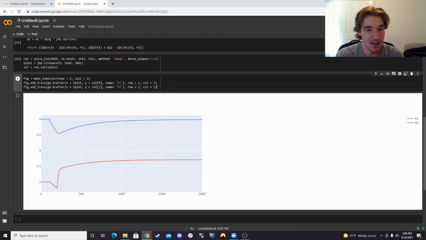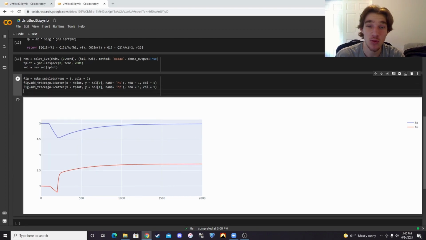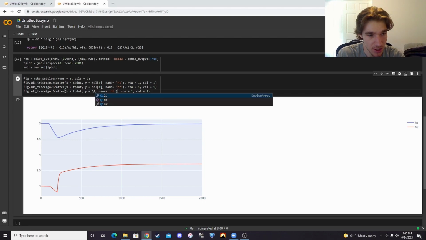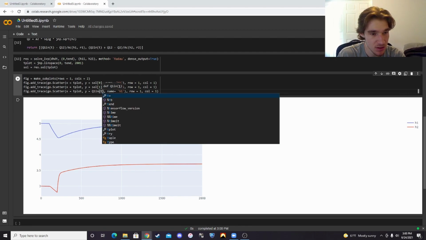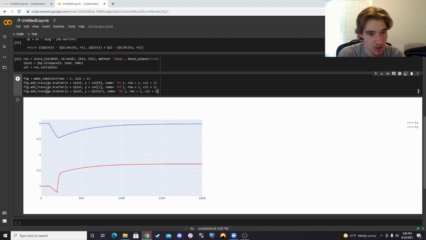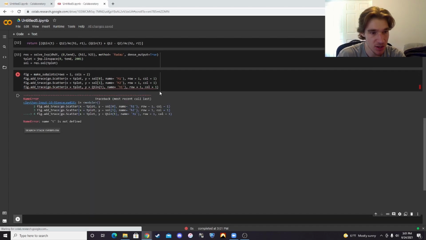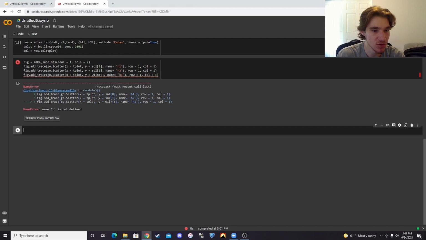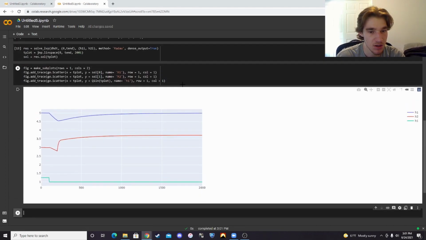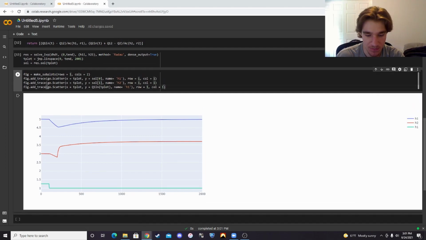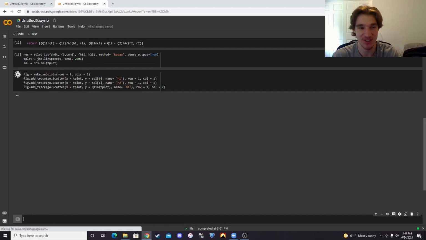So now we want to go ahead and make plots for our Q1 and Q2. So instead of doing this right here, we're going to do our function Q1 in of t. Oh, t is not defined, of course. tplot. Oh, and then we want this onto column 2, so it creates a graph on the other side.